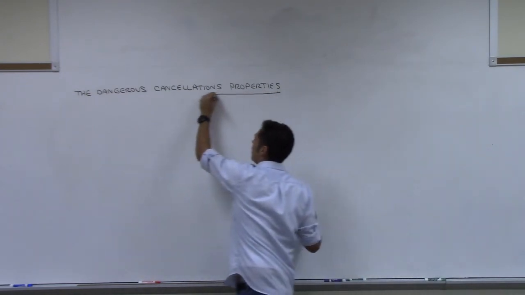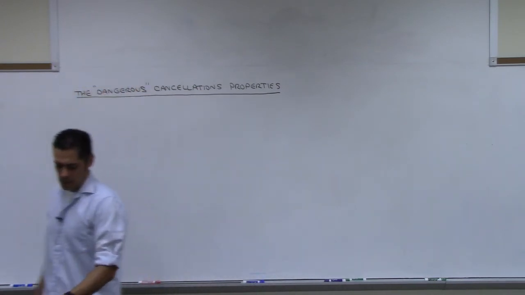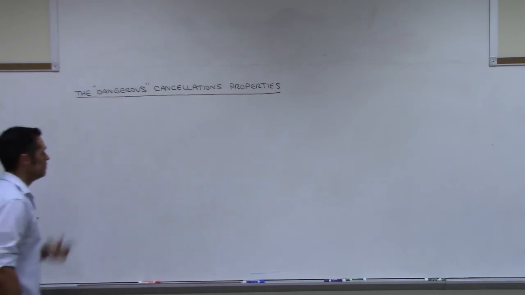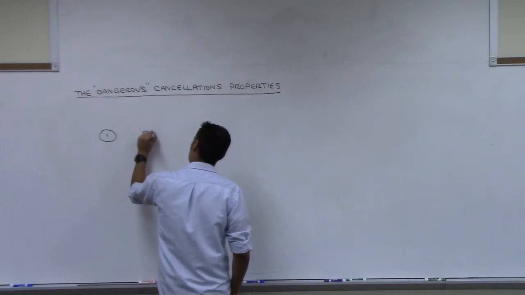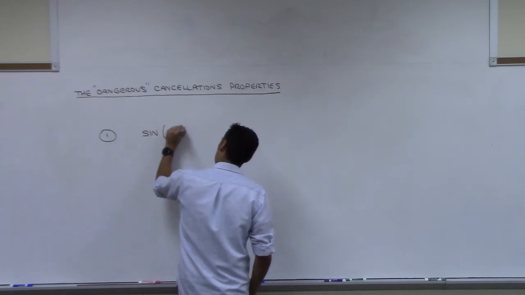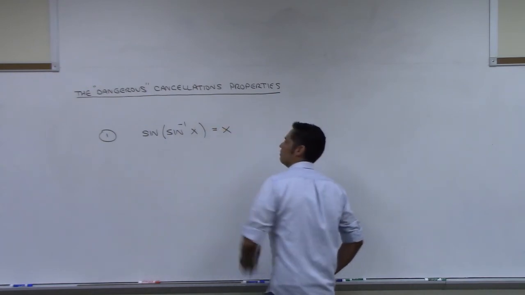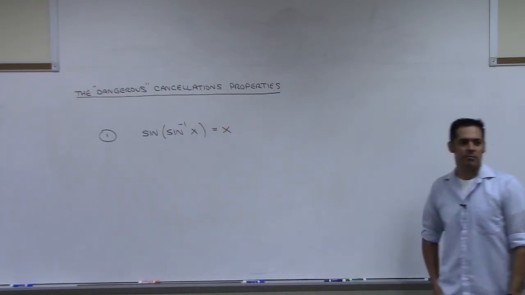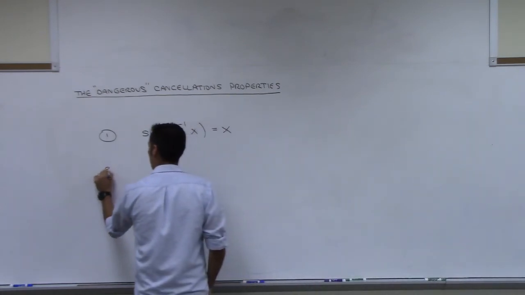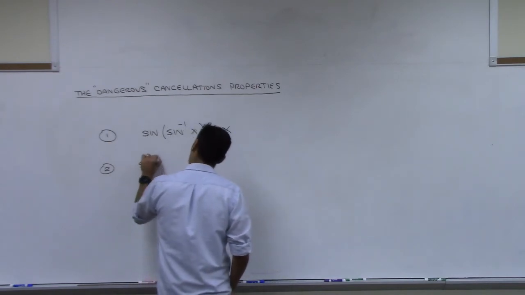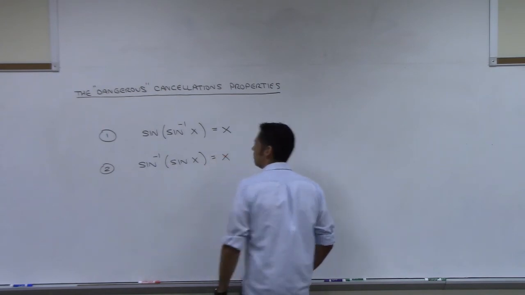Here's what the dangerous cancellation properties say. First, the first cancellation property says this: sine of arcsine of x equals x. And the next one says that arcsine of sine of x equals x.